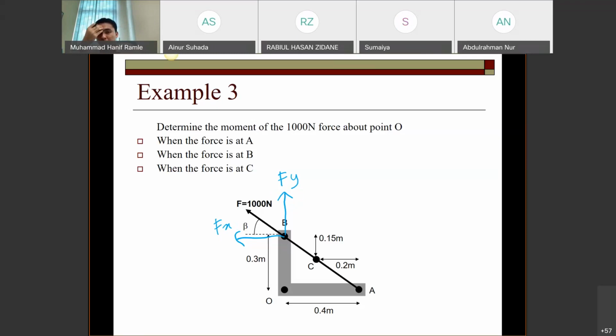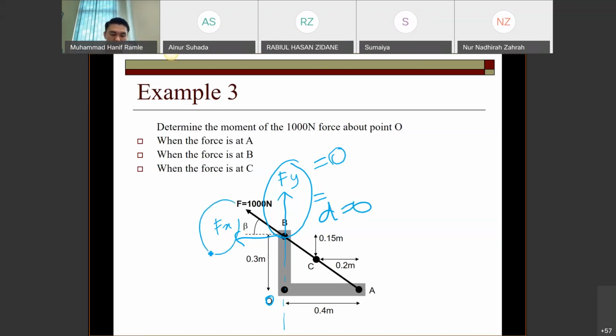Yes, correct. For this case, the component that is 0 is y. This is equal to 0 because there is no perpendicular distance to O. The moment is 0, not the force. The force we do have a value, but the moment is 0 because D is equal to 0.